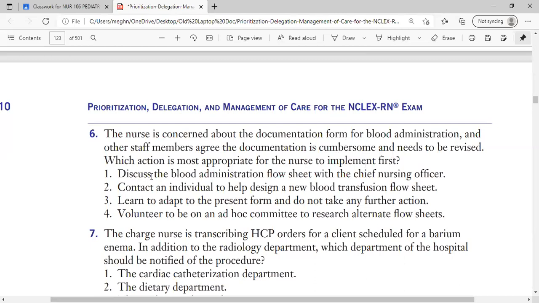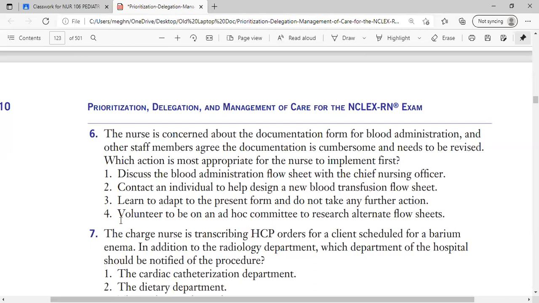So number 1, discuss the blood administration flow sheet with the chief nursing officer. Number 2, contact an individual to help design a new blood transfusion flow chart. Number 3, learn to adapt to the present form and do not take any further actions.